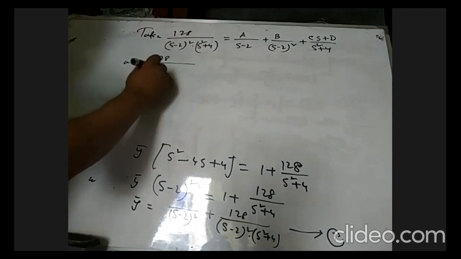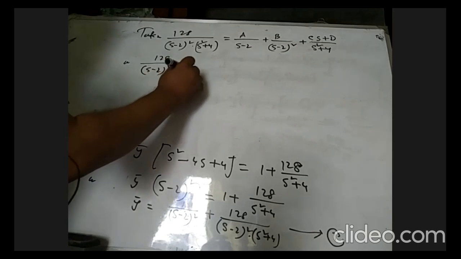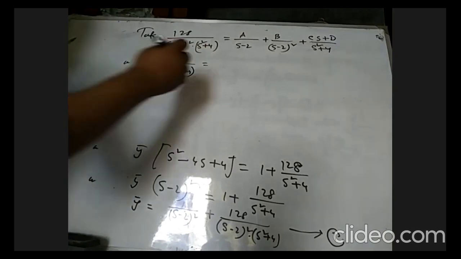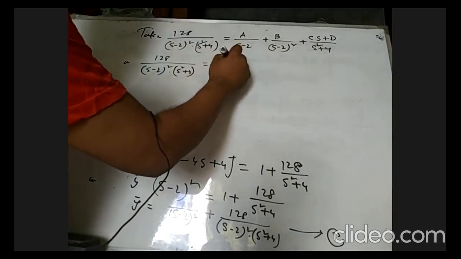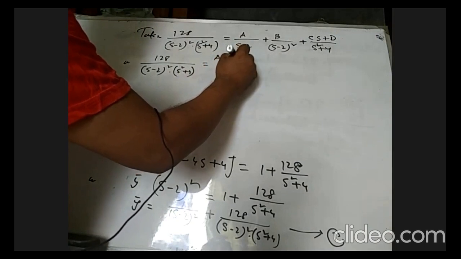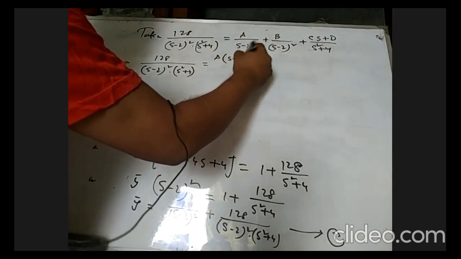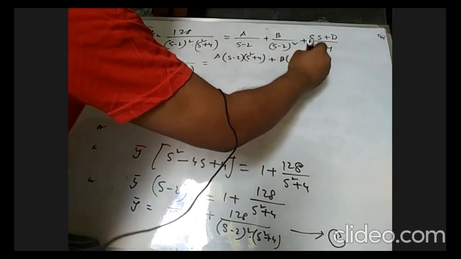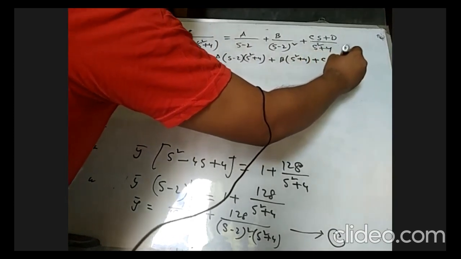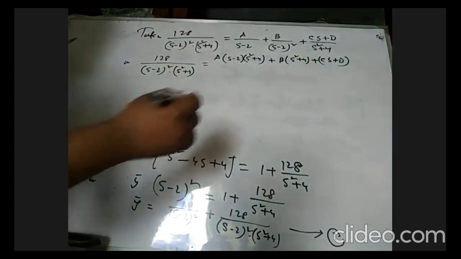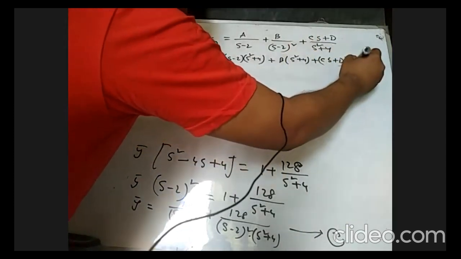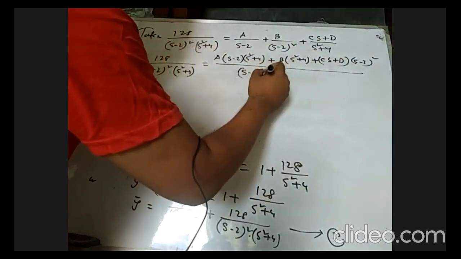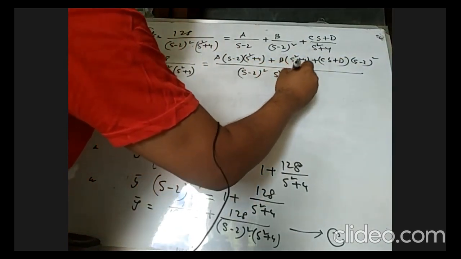128 divided by (s minus 2) whole square (s square plus 4) can be written as a into (s minus 2)(s square plus 4) plus b into (s square plus 4) and (cs plus d) into (s minus 2) whole square, all divided by (s minus 2) whole square (s square plus 4).